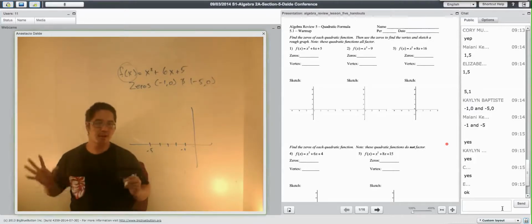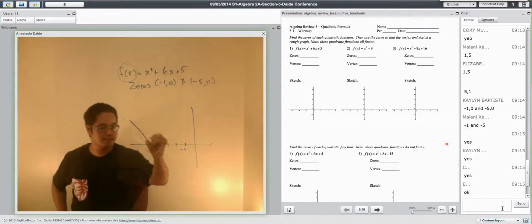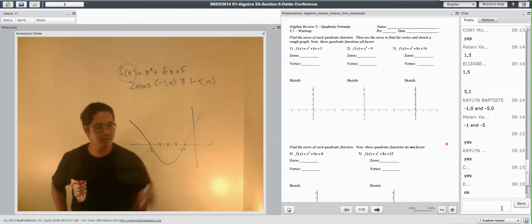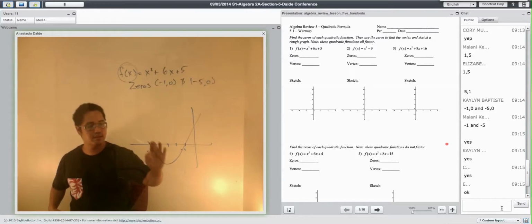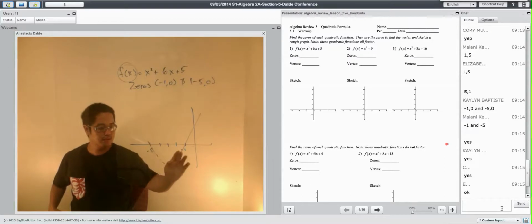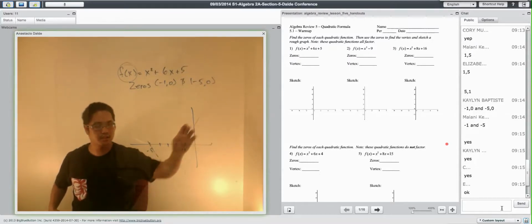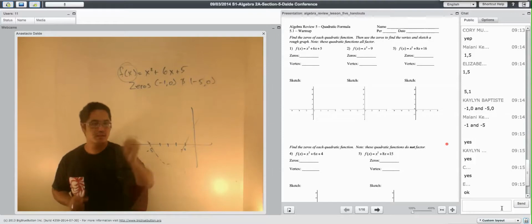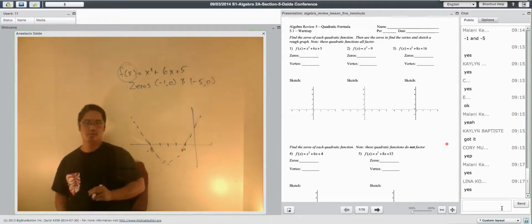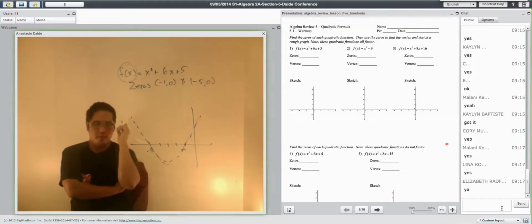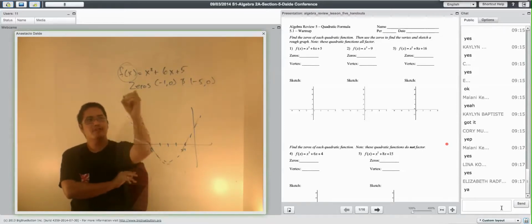And we know that the parabola looks something like this. We don't know exactly, but we know the parabola looks something like that. Would you guys agree? It's probably going to look something like this. Maybe I'll just draw that. Alright. Now what we want to do is we want to find the vertex.